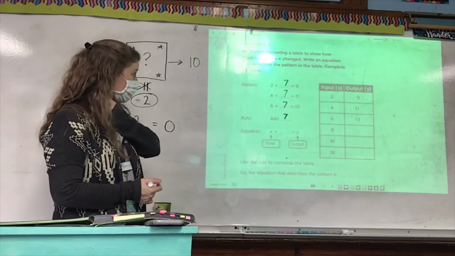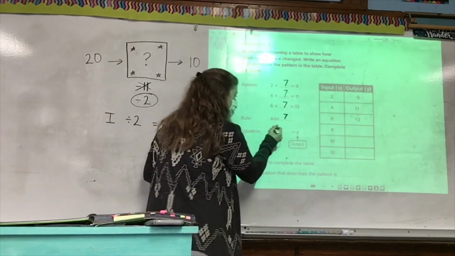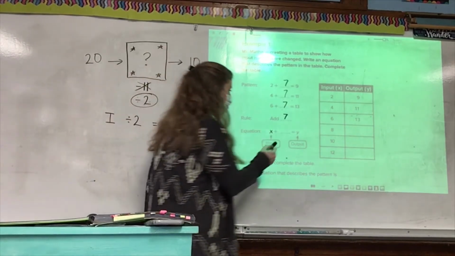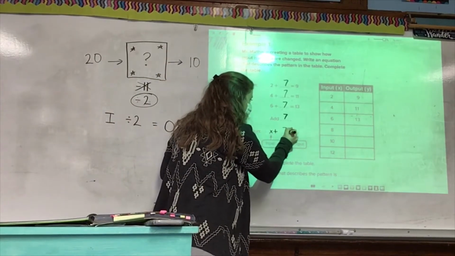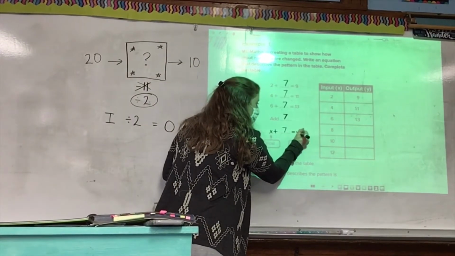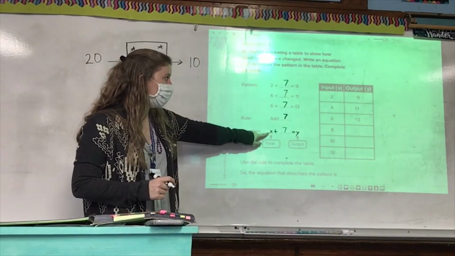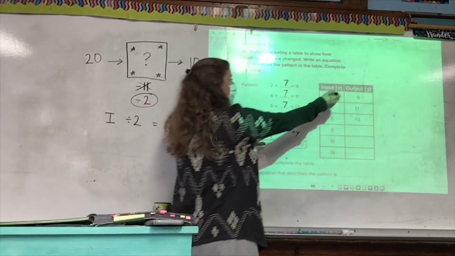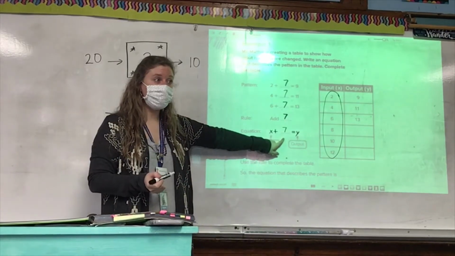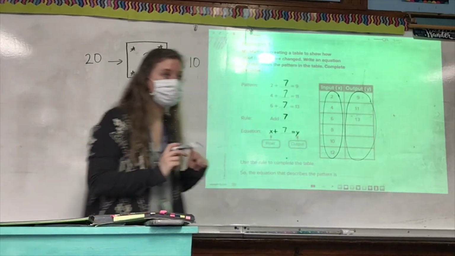So for this equation, our input has the variable x. Then comes our rule. We know we're adding 7. And then here comes our output, equals y. So anytime we replace this x with one of these numbers, we're going to add 7, and out is going to come one of these numbers.